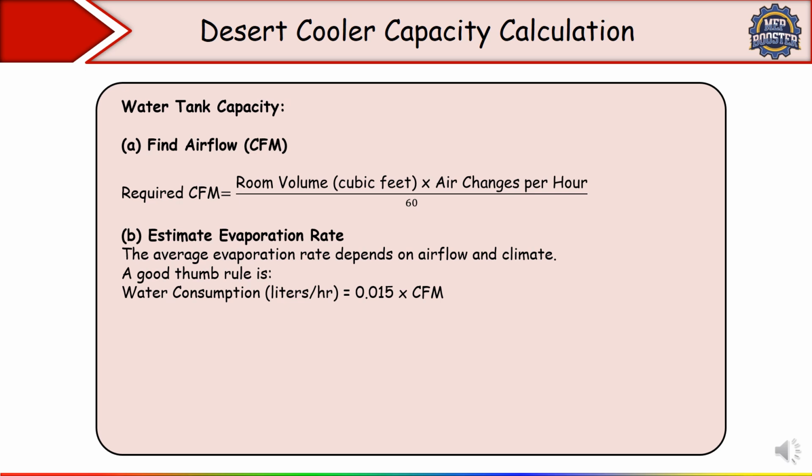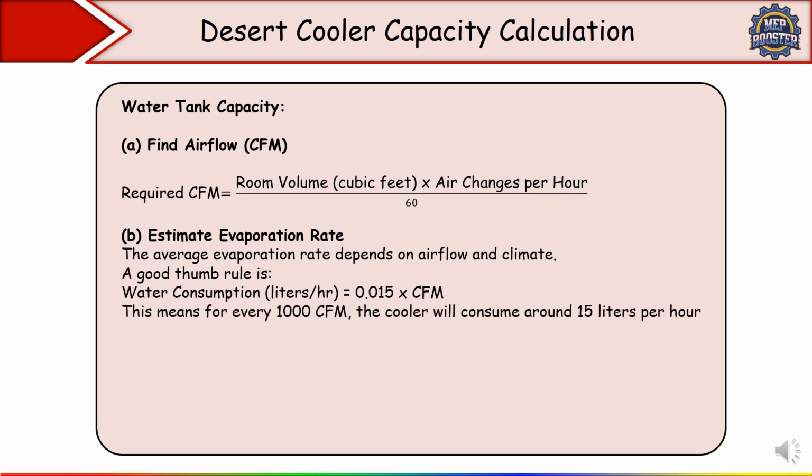For every 1000 CFM airflow, about 15 liter per hour water consumption we have taken here. It is used in real HVAC desert cooler design. So this means for every 1000 CFM the cooler will consume around 15 liter per hour.